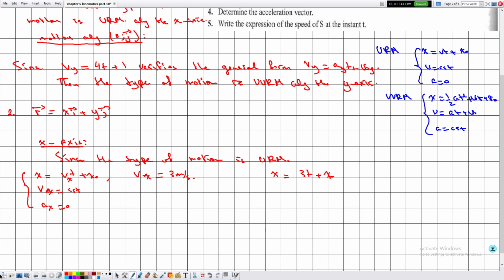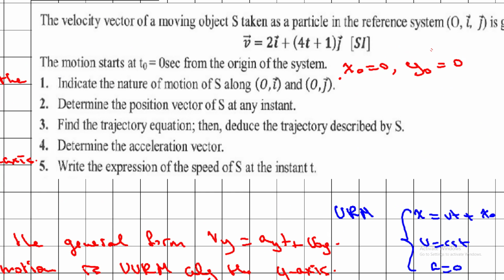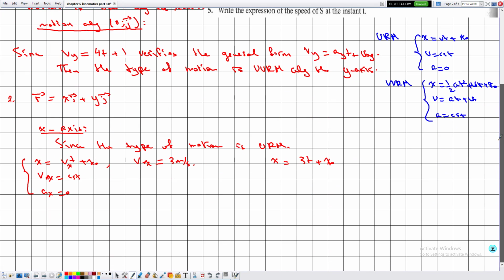But notice that the value of x0 is given here, since it's starting from the origin, x0 is equal to 0. So this is 3t plus 0, then x is equal to 3t.